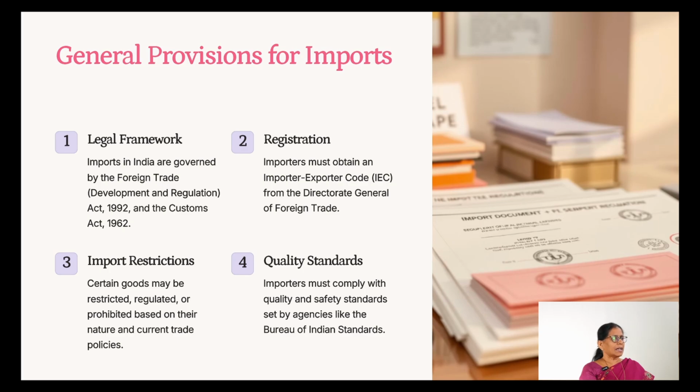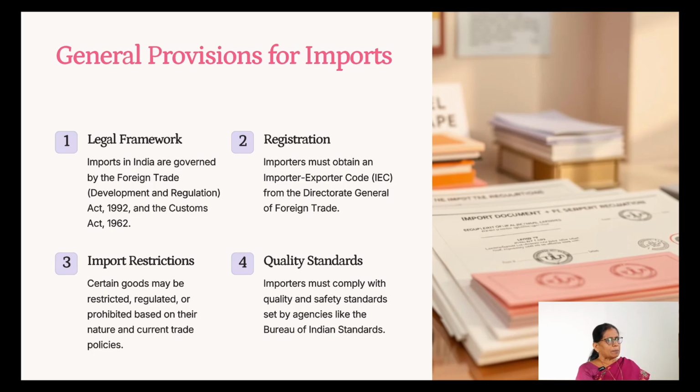properly monitored and regulated. To ensure safety and compliance, the import of certain goods may be restricted, regulated, or prohibited depending on the nature of the goods and the current trade policies. Prohibited items such as banned pharmaceuticals or hazardous materials cannot be imported. Restricted items like electronics may require specific licenses or permits, while other goods may only be imported under particular conditions.